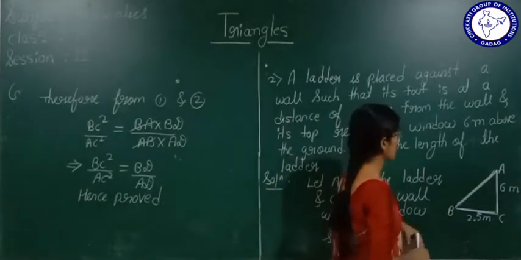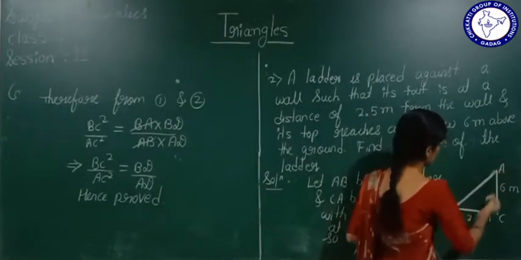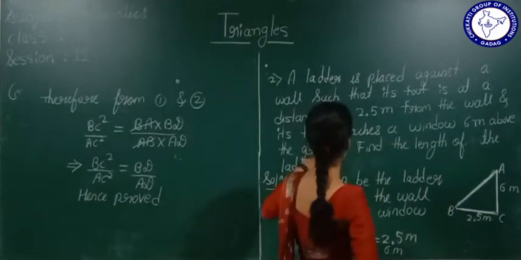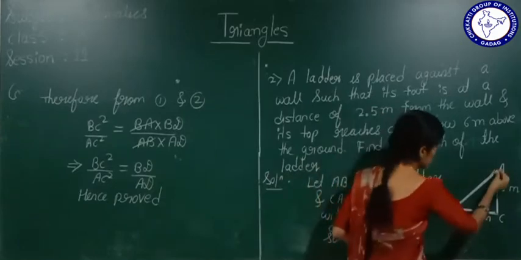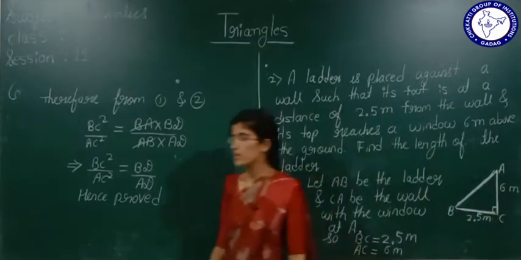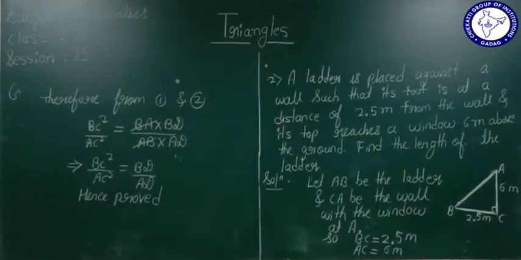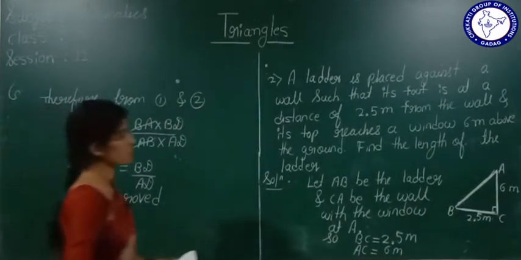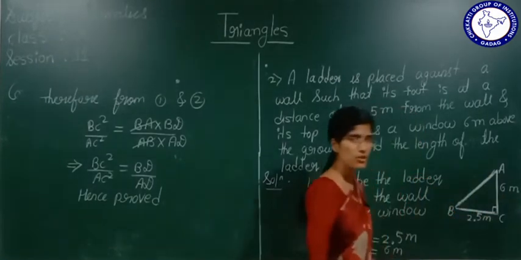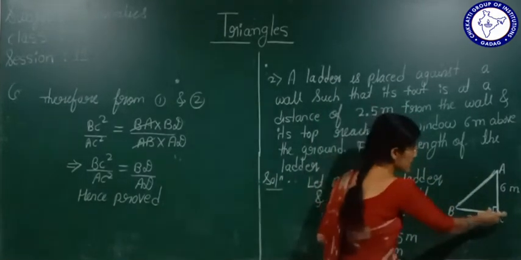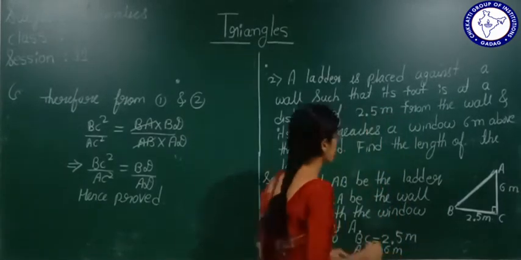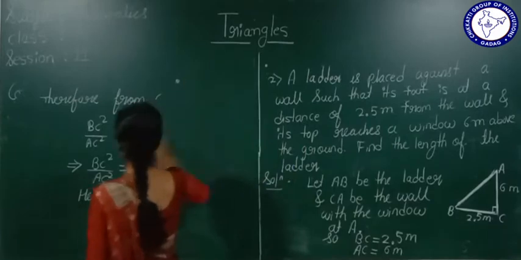Now see here, the top reaches the window 6 meter above the ground. This will be a 90 degree, right? Now see here, to find the length of the ladder, can we use the Pythagoras theorem? Yes, here angle C is nothing but a 90 degree, right? We can use the Pythagoras theorem.